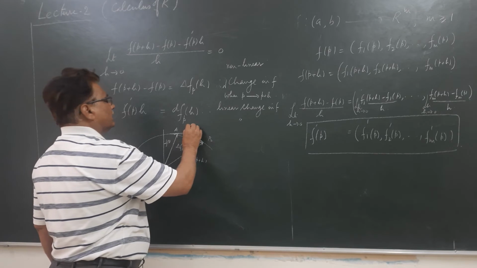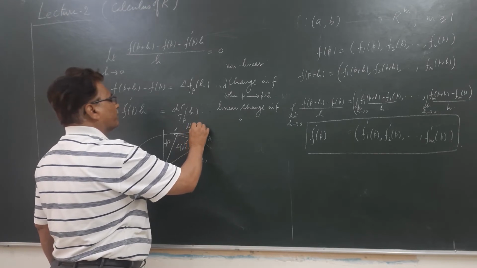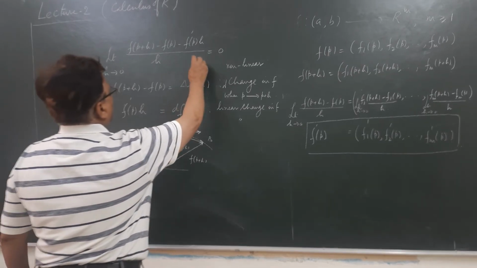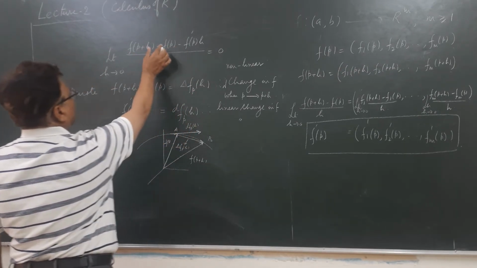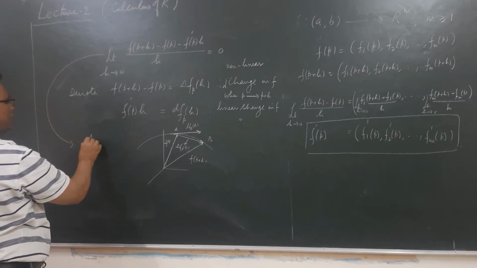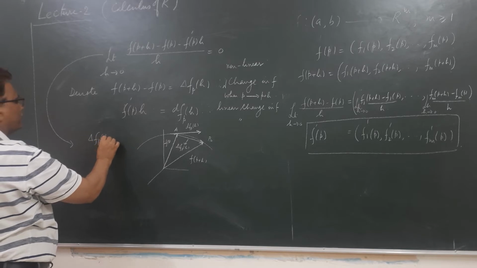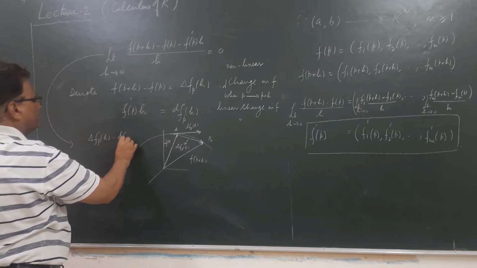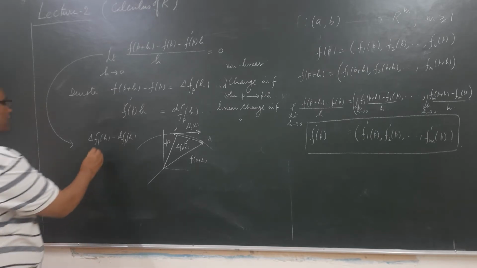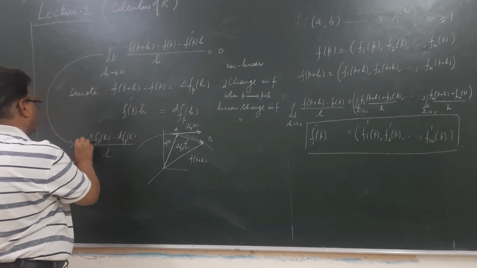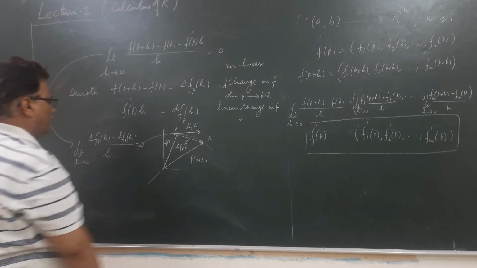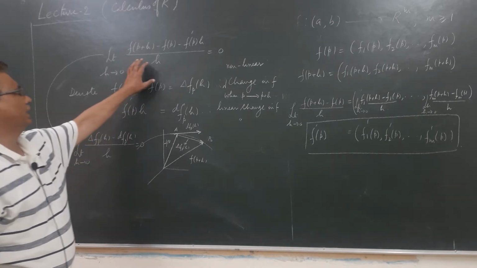So this is dfph. What this definition says is that this difference, delta fph minus dfph upon h, in the limiting case is 0. This is what we have been saying over here.